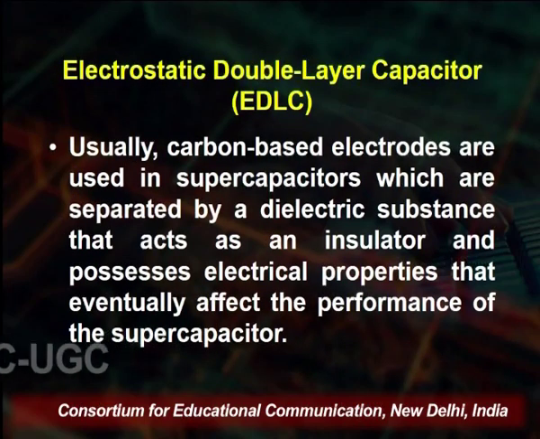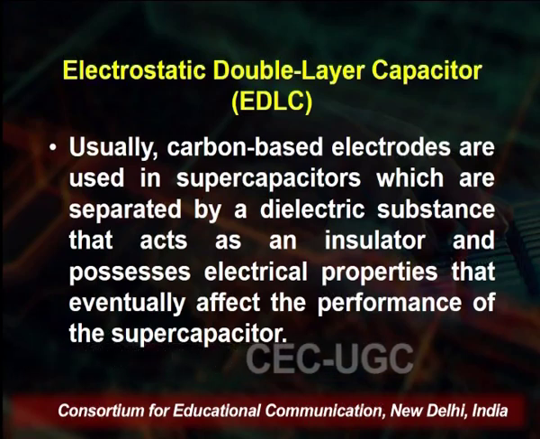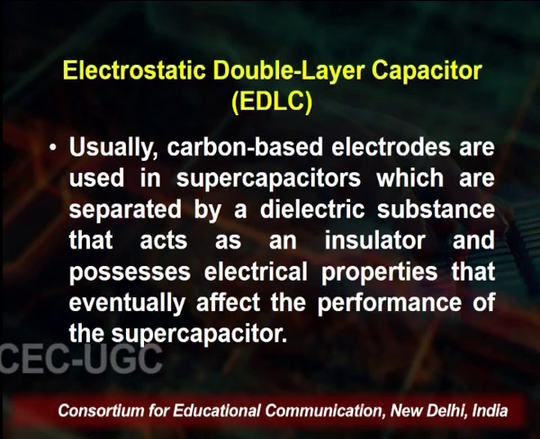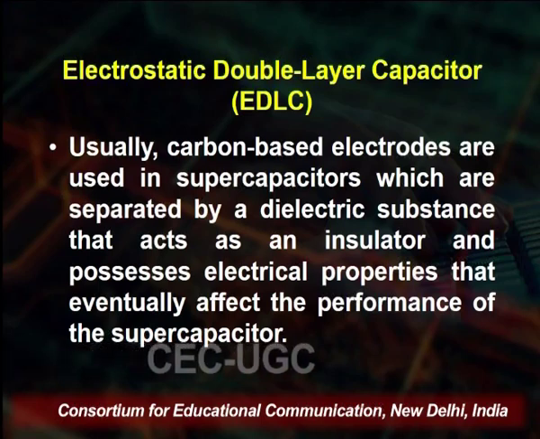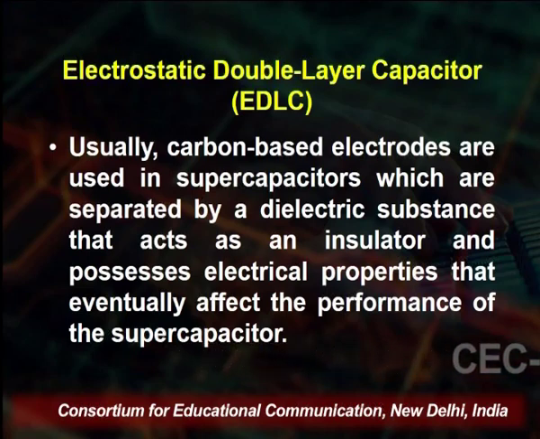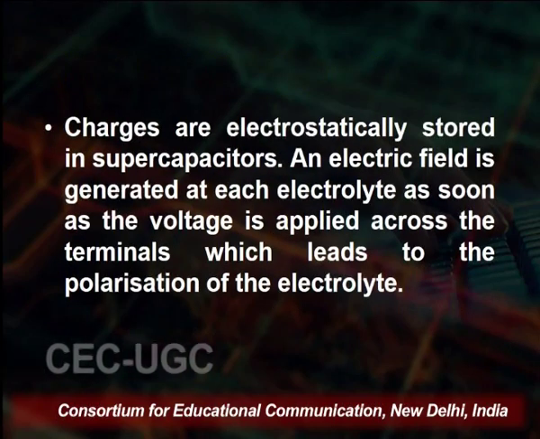Electrostatic double layer capacitors usually have carbon based electrodes, separated by dielectric substances that act as an insulator and possess electrical properties that eventually affect the performance of the supercapacitor.